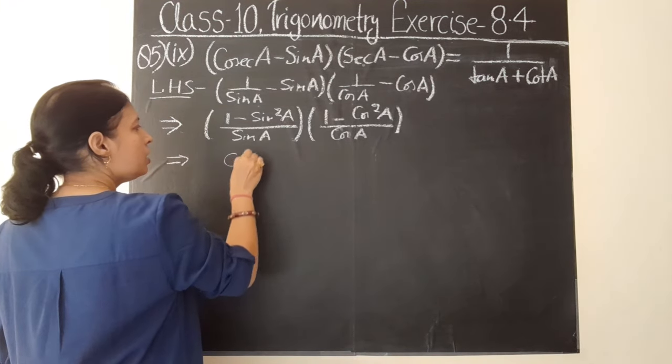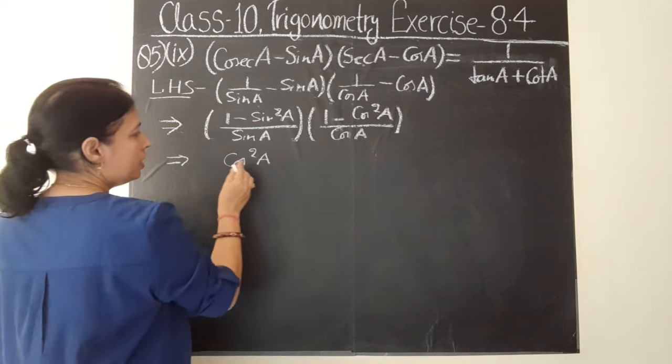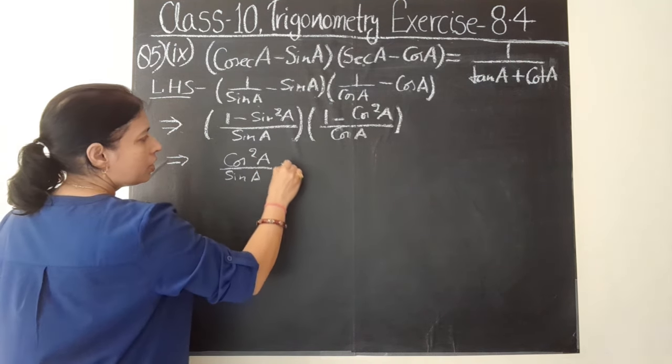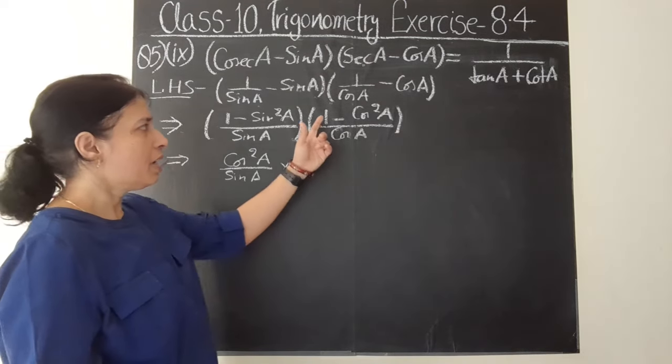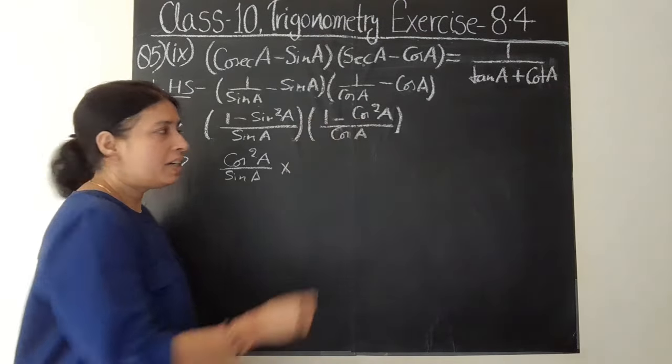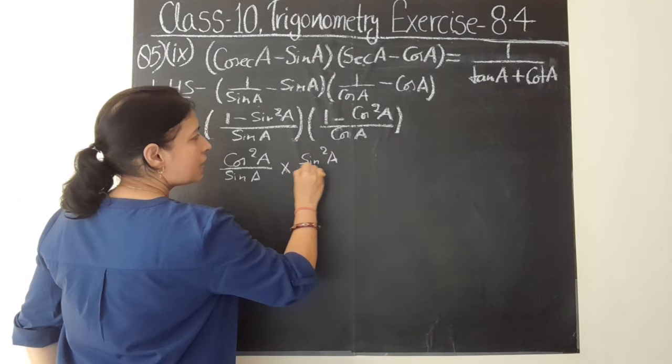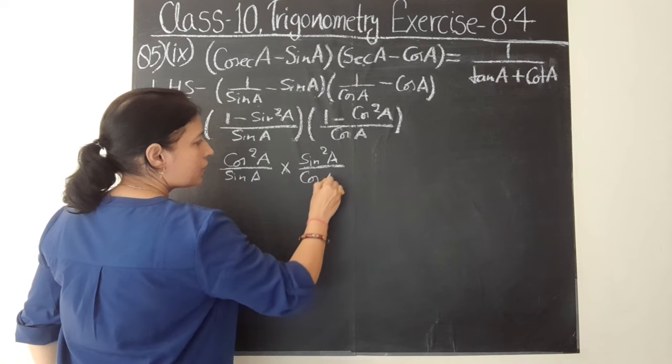So write here cos square a. It is divided by sin a. First one. And write here sign of multiplication. Second one is 1 minus cos square a. It will be sin square a.